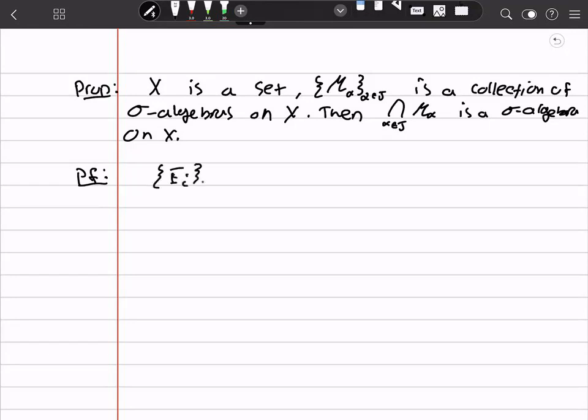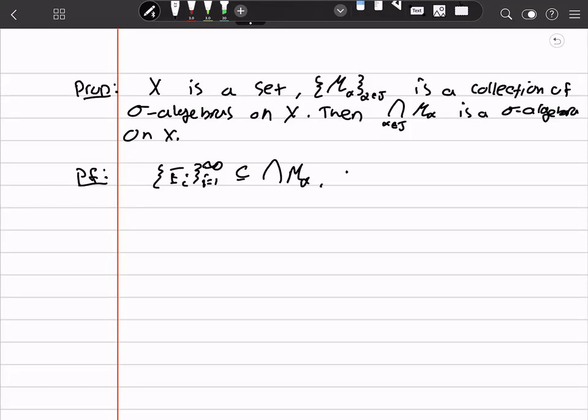E sub i. We want countable unions, and we want complements. So we have a collection of subsets of the intersection of our sigma algebras.